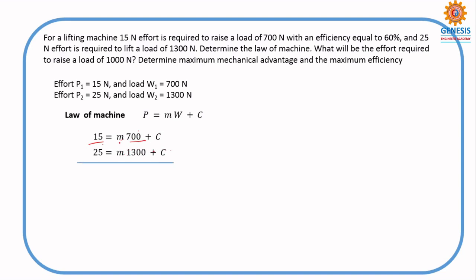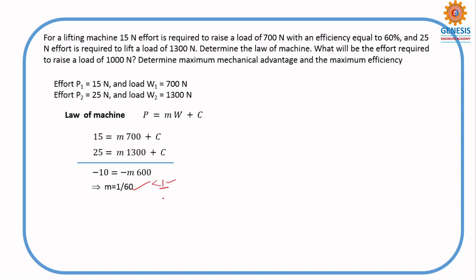If I subtract these two equations, I am going to get minus 10 and minus 600, and the minus signs cancel. So m is equal to 10 by 600. Some people get these things wrong; I have seen so many wrong answers. So m is equal to 1 by 60. The basic rule is that it is always less than 1.